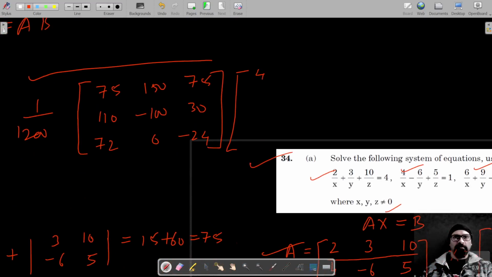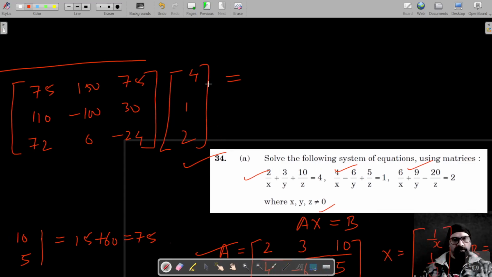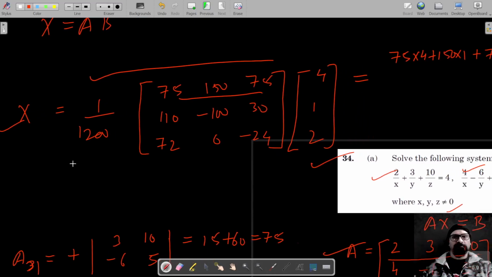So this is 4, 1, and 2. So let's multiply this. The first element would be 75 into 4 plus 150 into 1 plus 75 into 2. I'm finding out X.